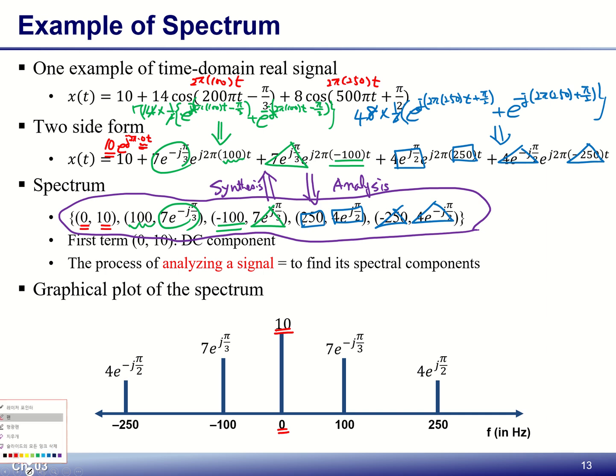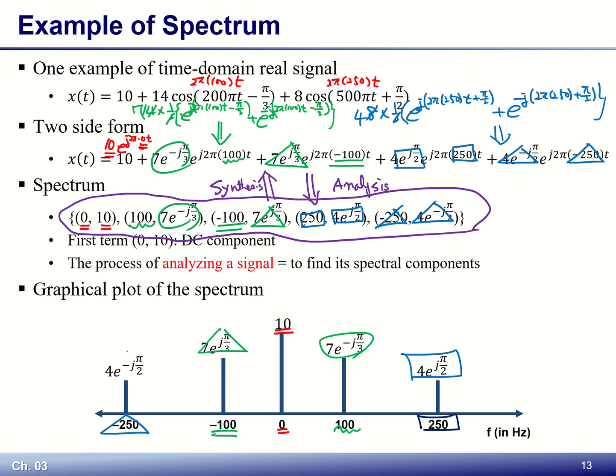In the case of 100 hertz, it will be 7 exponential minus j pi over 3. In the case of minus 100 hertz, we'll have 7 exponential j pi over 3. Okay, similarly, we have 250 and minus 250 hertz.